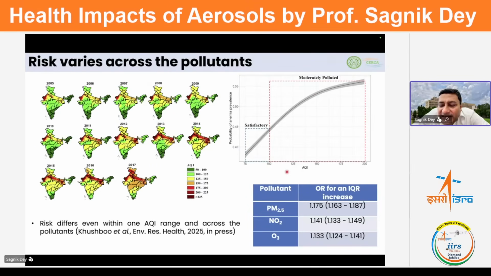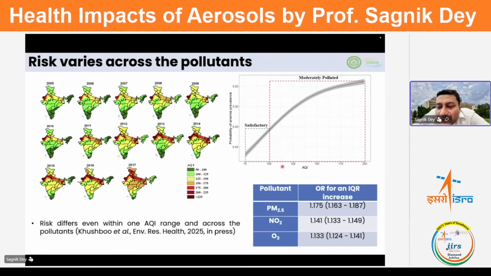The second piece of information is that if you follow AQI, you know that there are certain ranges. For example, AQI more than 100 till 200 is known as moderately polluted. However, within that moderately polluted range, the outcome is not uniform.